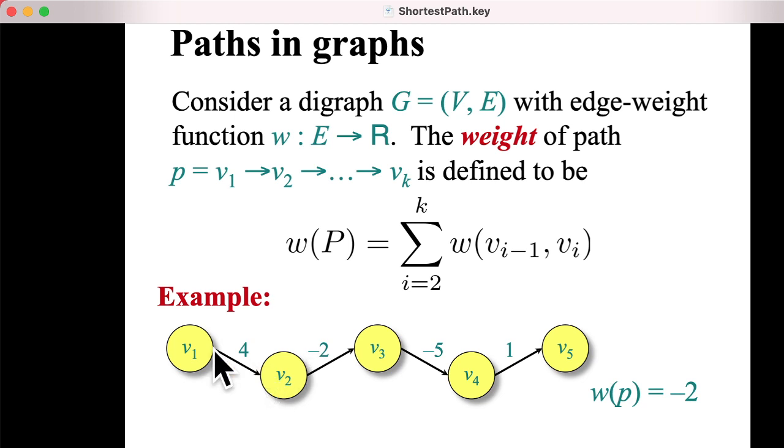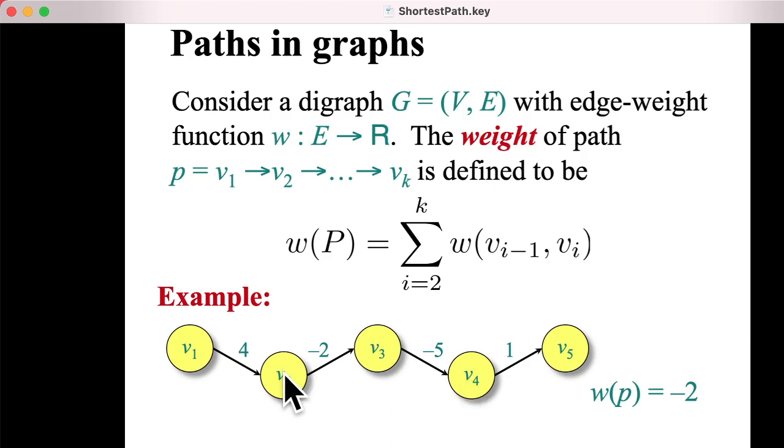I assume that my graph is given with a weight or a cost assigned to each individual edge. For example, to use the edge from V1 to V2 will cost me $4. To use the edge from V4 to V5 will cost me $1.